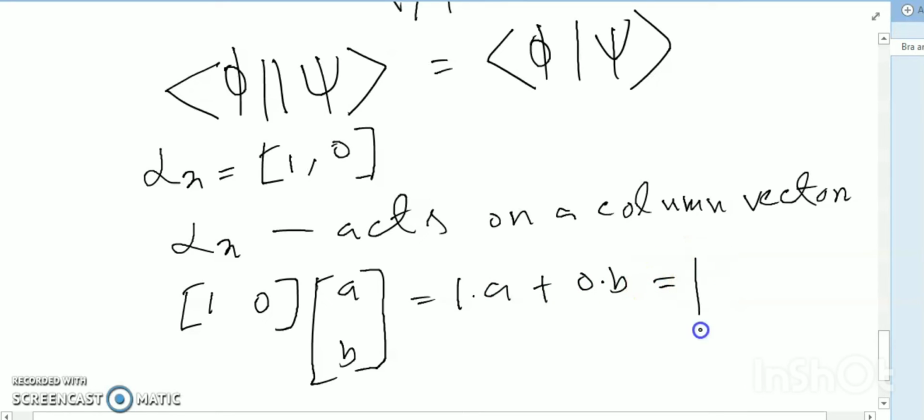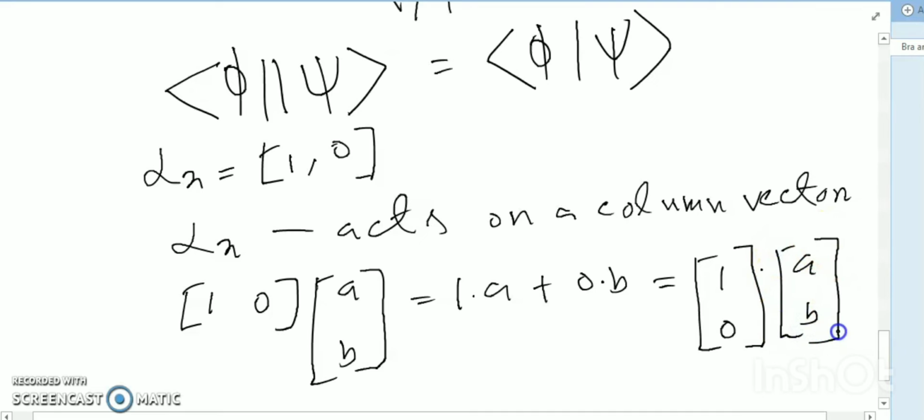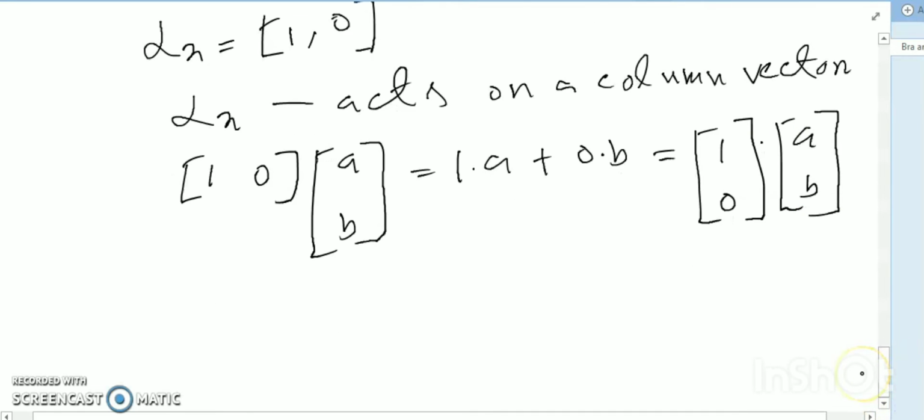It can be written as a dot product of two vectors, (1, 0) and (a, b). Okay, so in fact when a linear functional in R squared acts on any vector, it can be written equivalently as a dot product with the corresponding column vector.